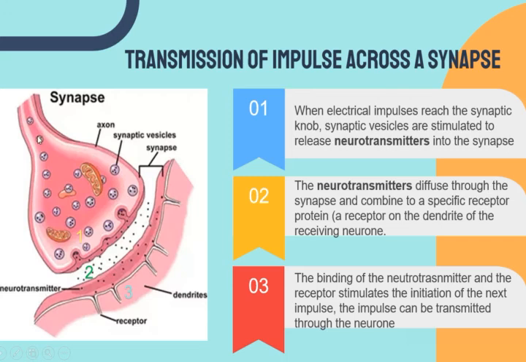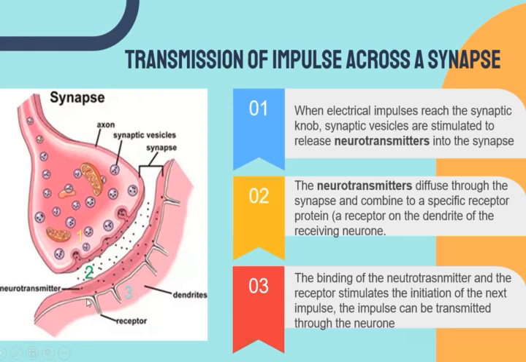Okay, I repeat. When the electrical impulse reaches the synaptic knob here, what happens? The synaptic vesicle that contains neurotransmitter will release the neurotransmitter into the synapse, and then the neurotransmitter diffuses across the synapse and binds to a specific receptor on the receiving dendrites, or receiving neurons.